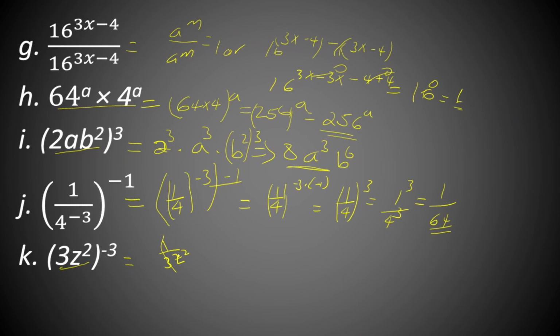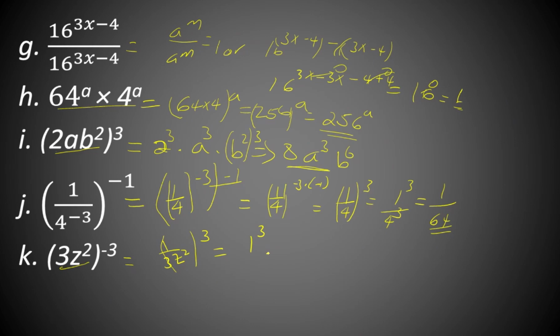So this can be written as 1 cubed over 3 cubed times z to the power of 6, because z squared is multiplied 3 times.